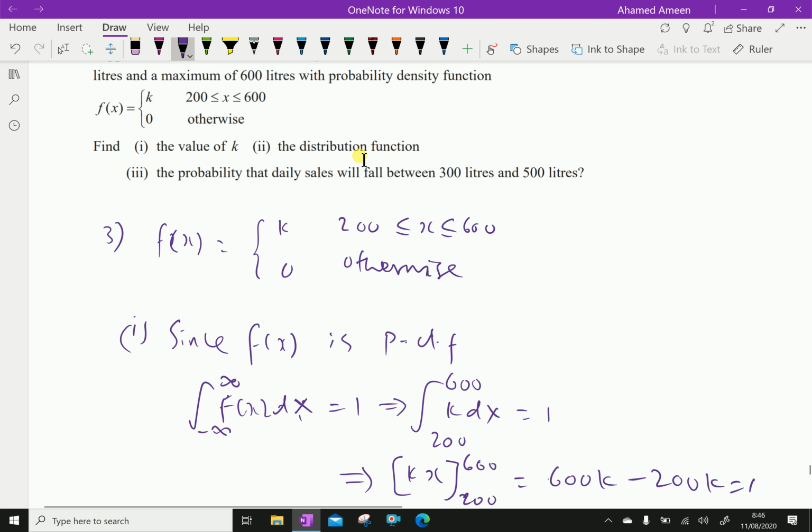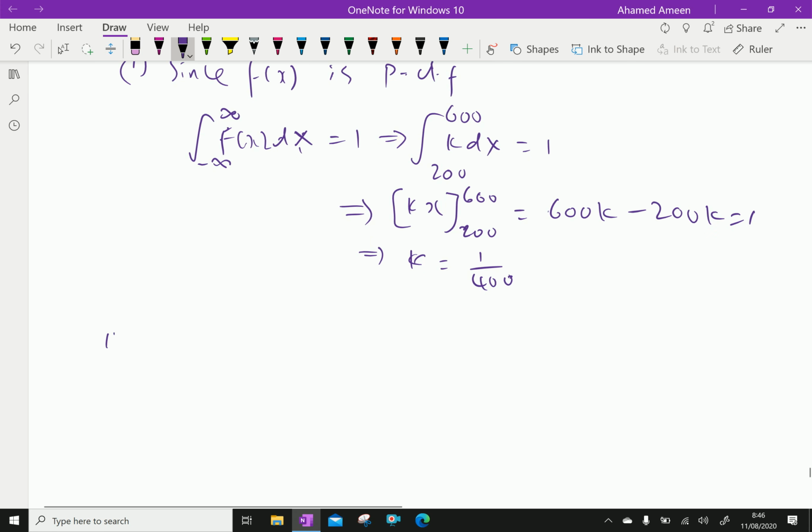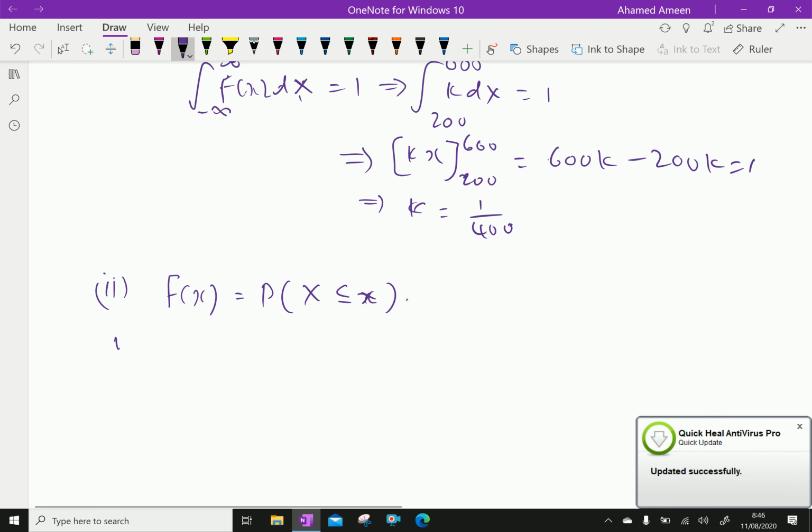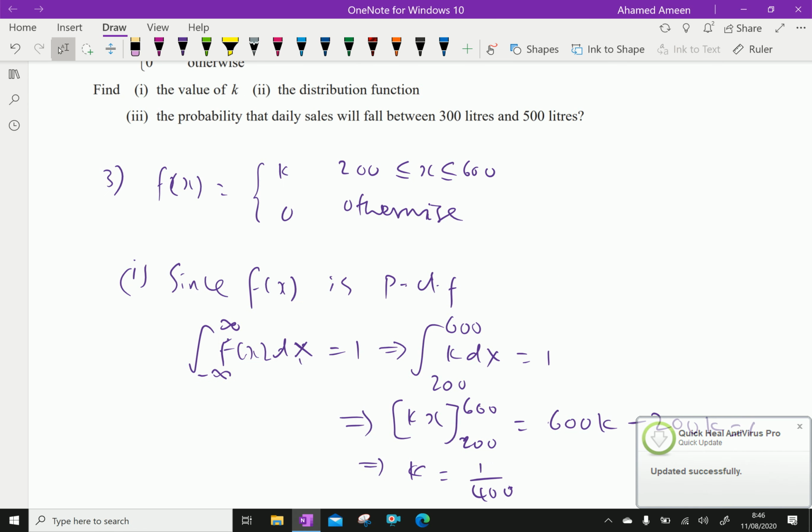Next is the distribution function. Now the distribution function F of x equals P of X less than or equal to x. When x is less than 200, it becomes 0.